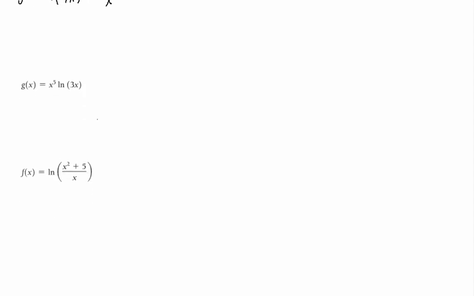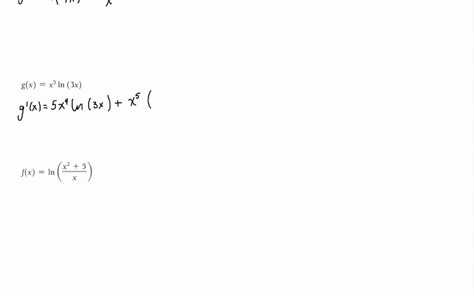Now let's make it a little more complicated by putting a product rule. So you have two factors, x to the 5th and natural log of 3x. So we need to do a product rule because you have a product. So derivative of g in this case would be derivative of the first, which is just 5x to the 4th, times the second, so just copy the second, plus copy the first times the derivative of the second.